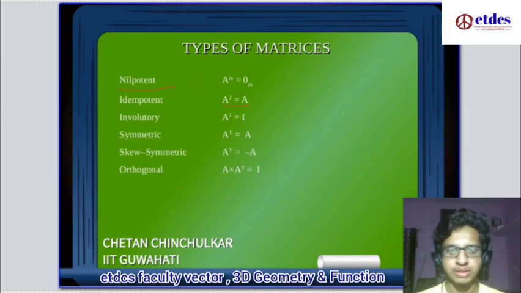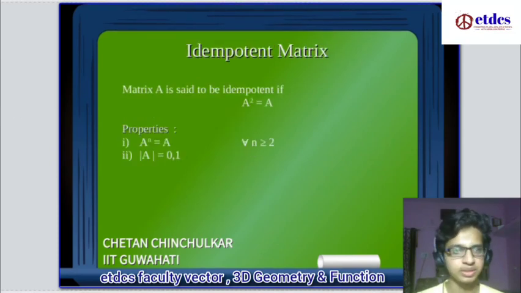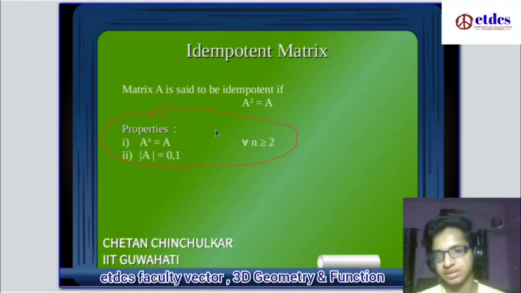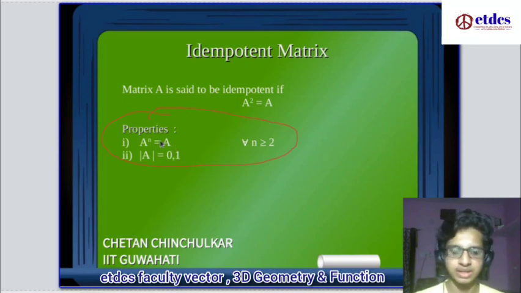So we go over the next topic. I just explained what an idempotent matrix is. A square matrix A is idempotent if A square is equal to A. We will see how its properties are derived, and afterward in any question we can directly use them.